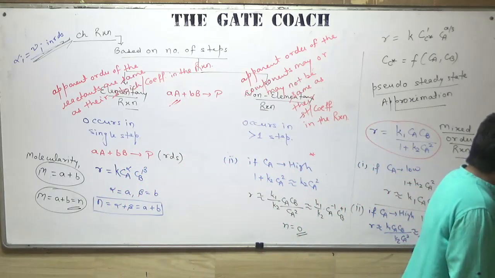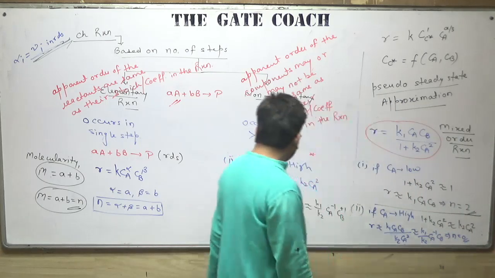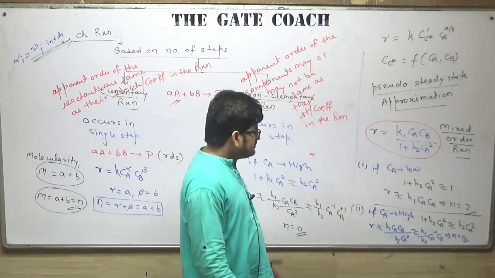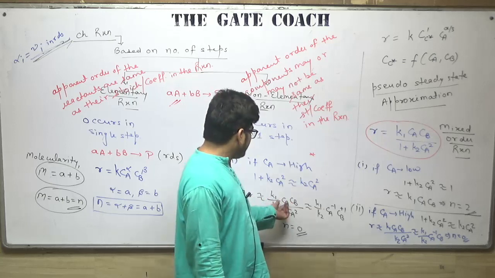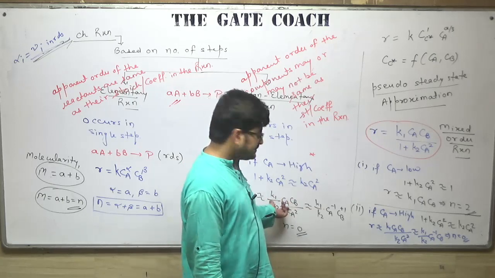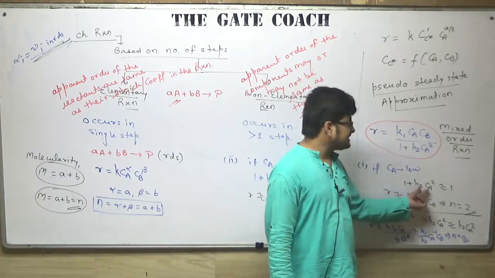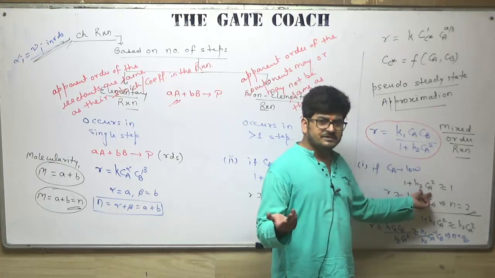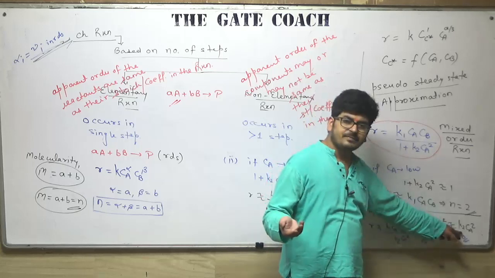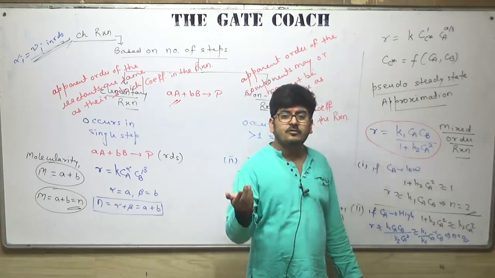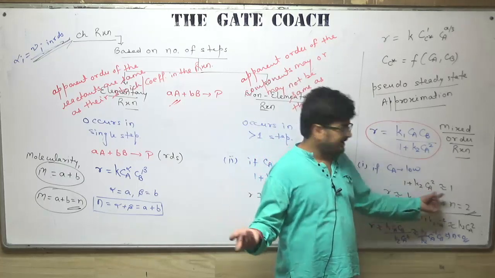Someone asks whether CA in the numerator changes according to the cases. Pradeep, how will you change that? If CA is high or low, still it will be in the product. Only if that term is in addition can we do that, like 1 plus 100 is equal to 101, or you can write it as 100 only. 1 plus 0.01 means 1.001, or you can write it as 1.